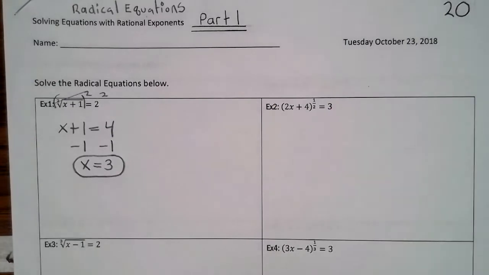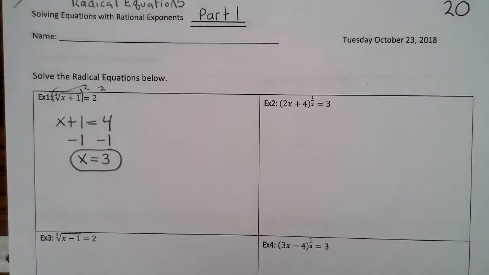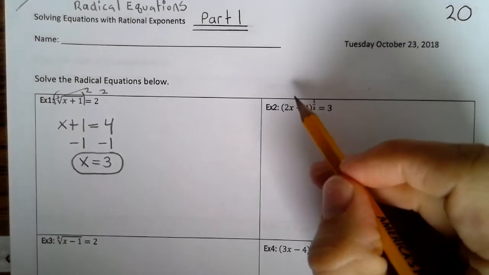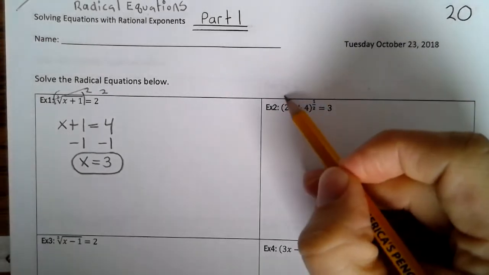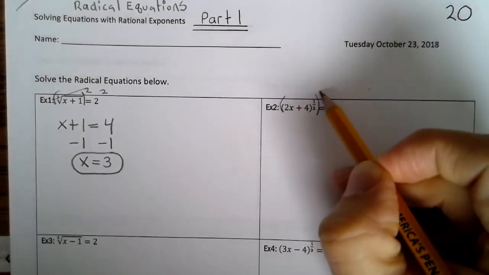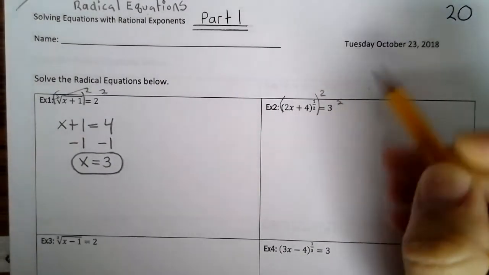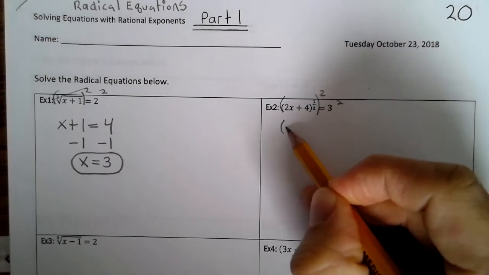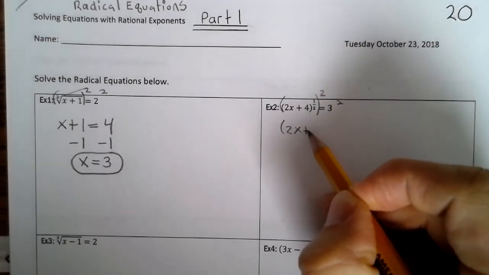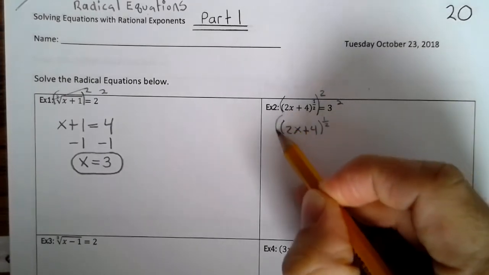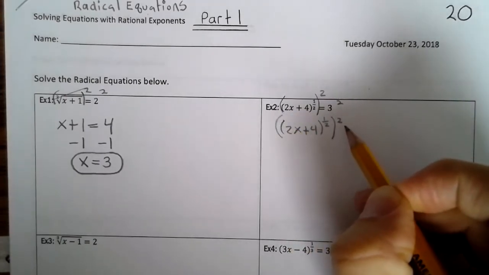All right, let's take a look at example 2. So here it's to the power of 1/2. So we're going to square both sides. Okay. And to show this step here, if you have 2x plus 4 to the 1/2 power and you square it, that's 9.